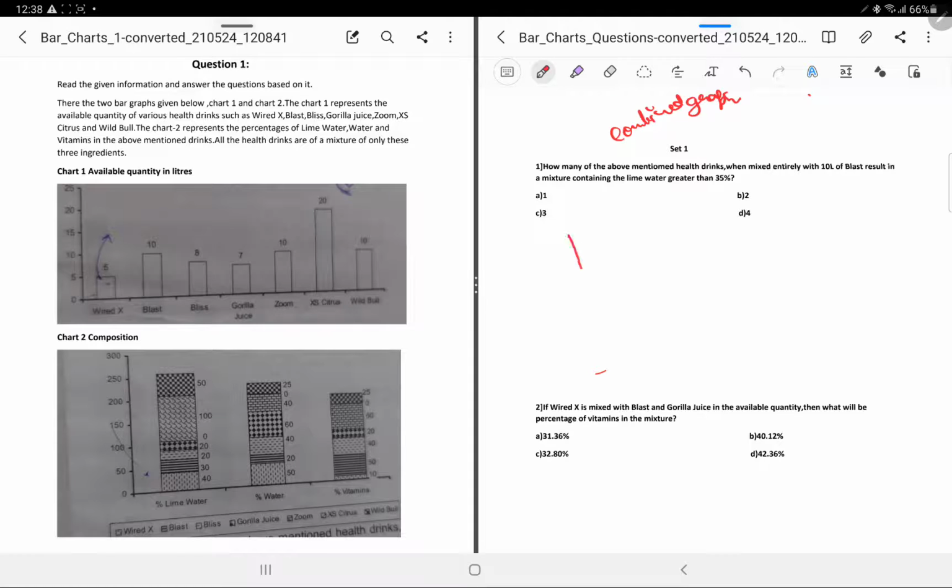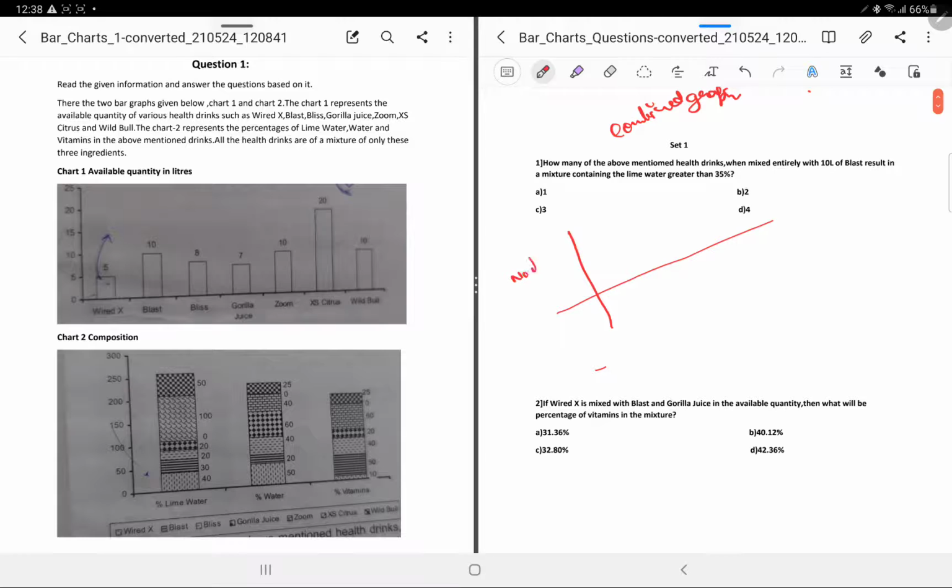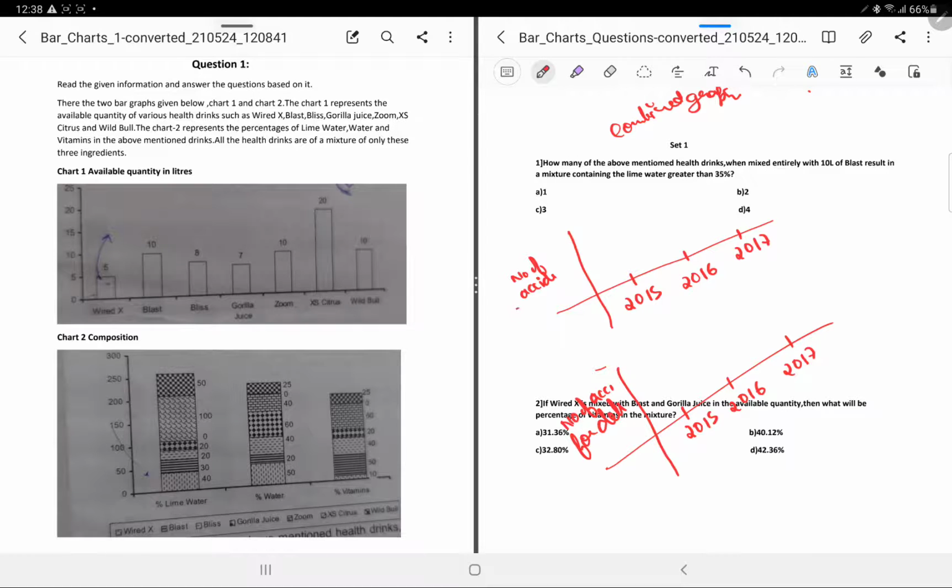For instance, we were asked to plot the number of accidents for different cities, 2015, 2016, 2017. Okay, and similarly 2015, 2016, 2017. So this was the number of accidents for Delhi, and this was the number of accidents for, say, Mumbai.